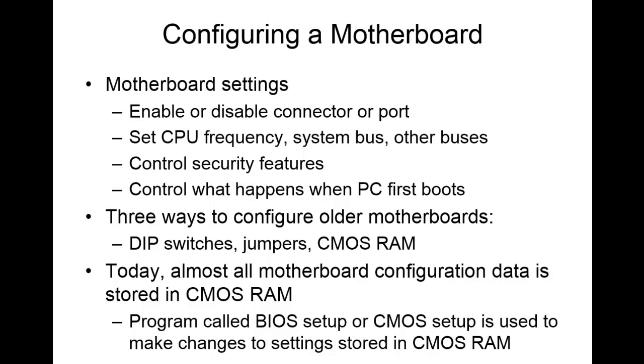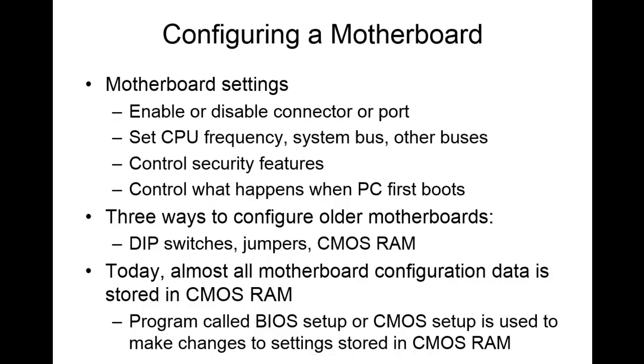This CMOS RAM is going to retain the data even when the computer is turned off because it's being charged by a nearby battery. If you've ever looked at a motherboard, you've probably noticed that CMOS battery. It looks almost like a small dime or a metal coin. Typically you're going to see the CR2032 as a standard CMOS battery. You'll know if this goes bad if you turn on your computer and you see that the date on your computer is set to a really old date.